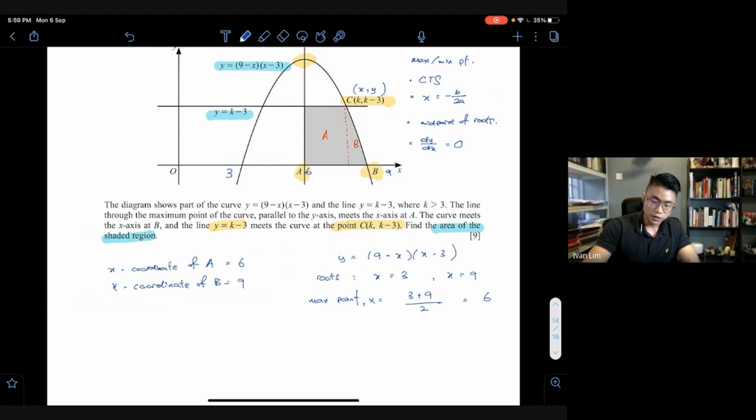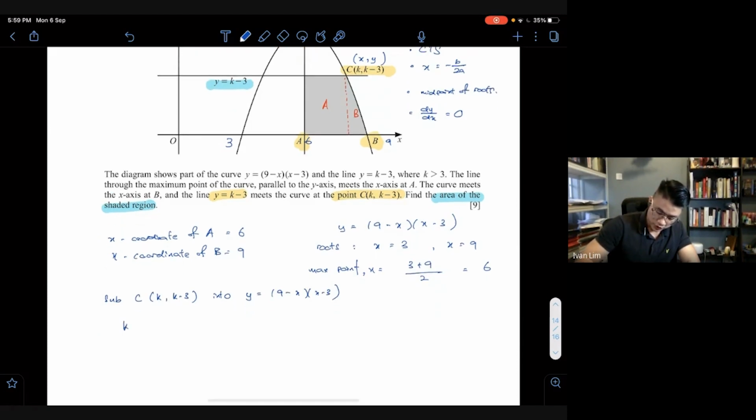Okay, so in fact, I just sub the coordinate into the quadratic equation. So let's sub C, k minus 3, into y equals 9 minus x, x minus 3.